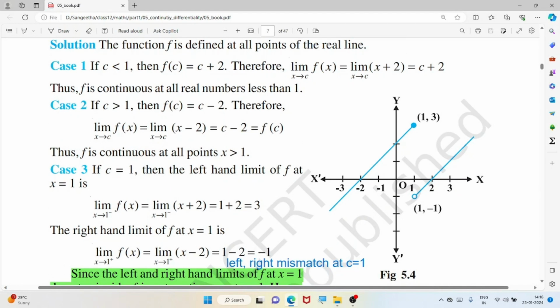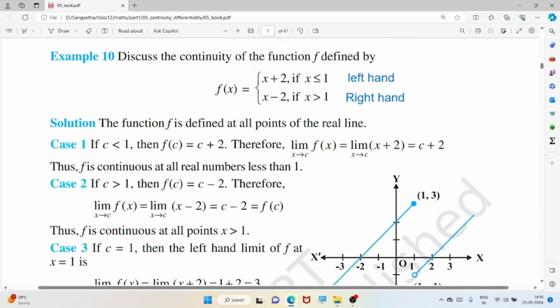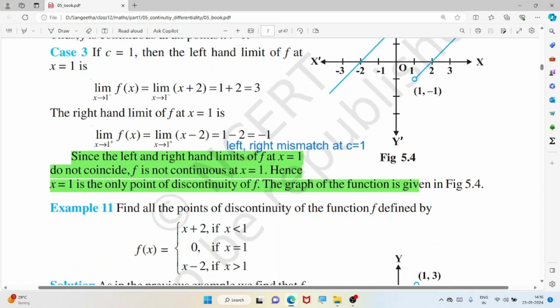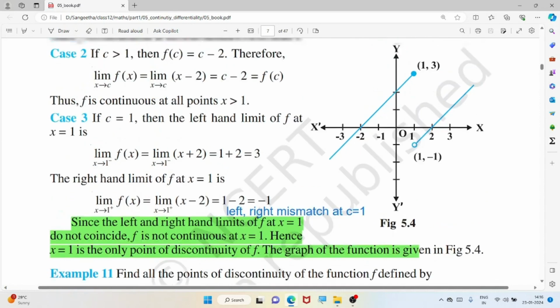But at c equal to 1, the left side limit is 3 and the right side limit is negative 1. They are not matching, okay? Since the left and right hand limits at x equal to 1 do not coincide, f is not continuous at x equal to 1, okay?